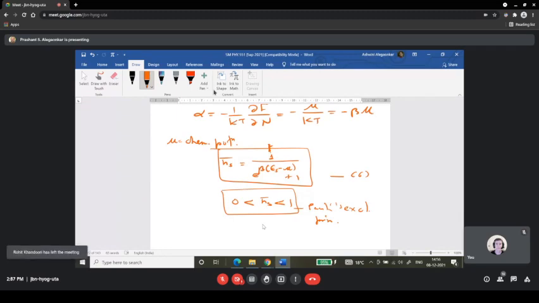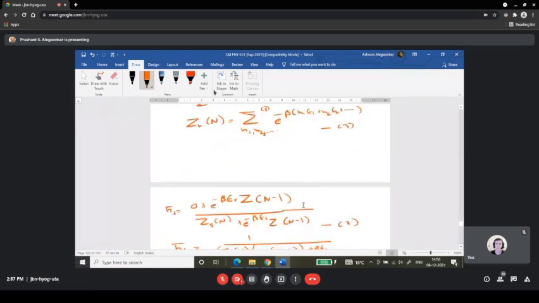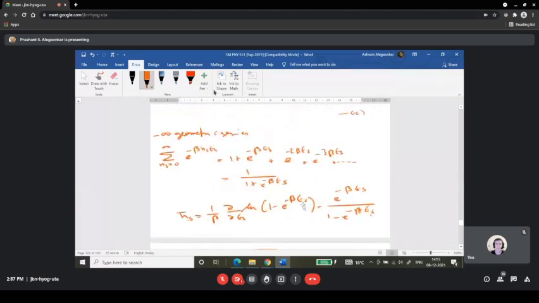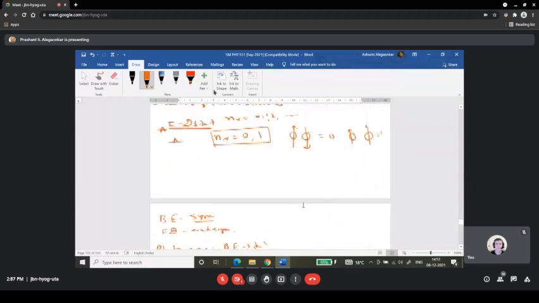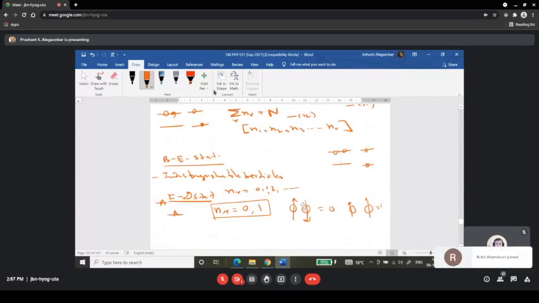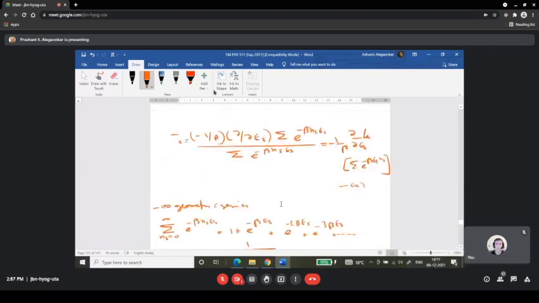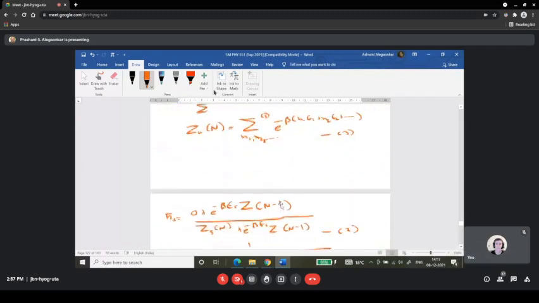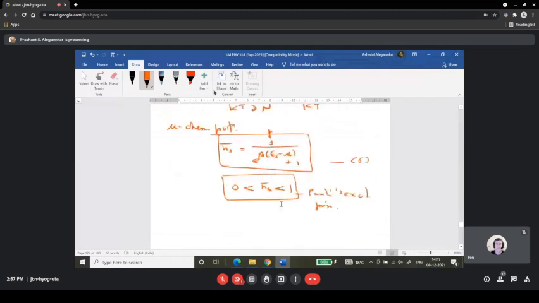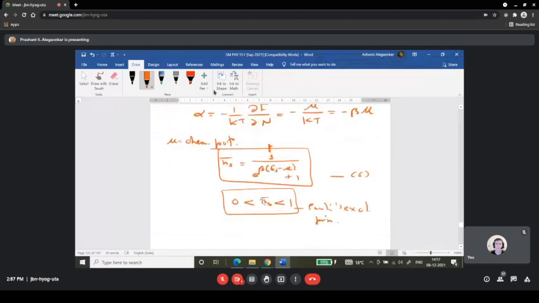Have you got this? So this distribution is nothing but your Fermi-Dirac distribution function, with this condition on the mean occupancy given by this expression.